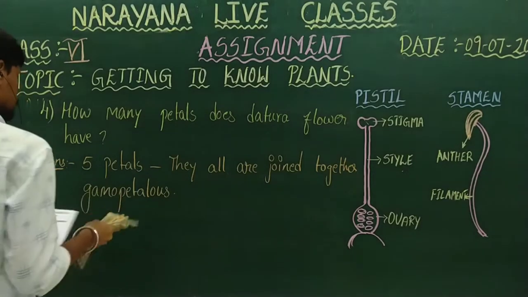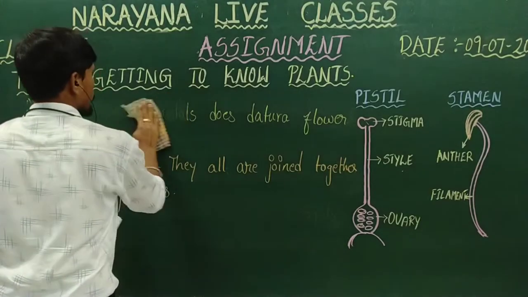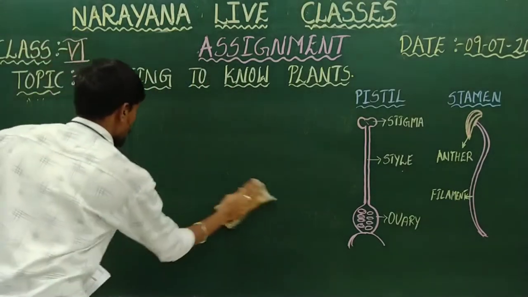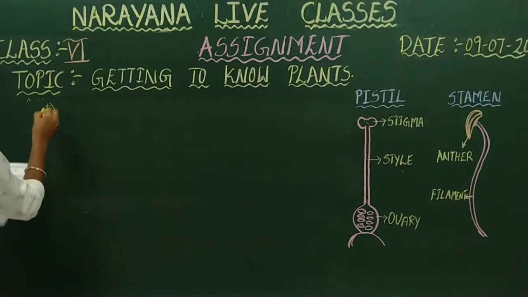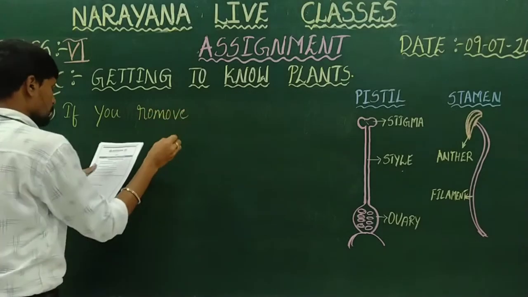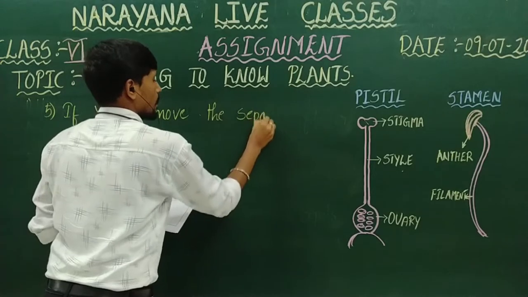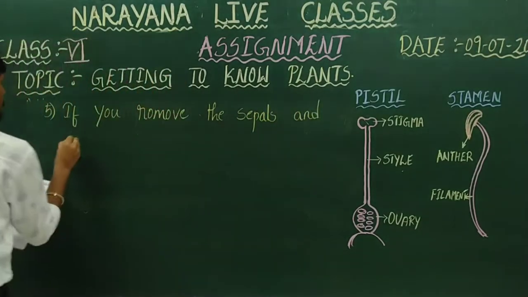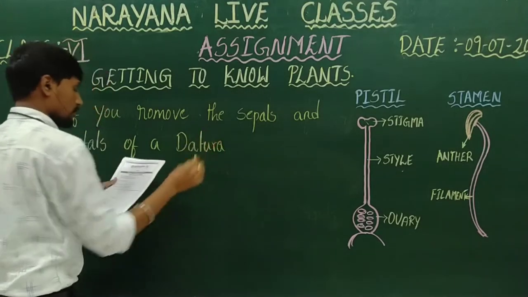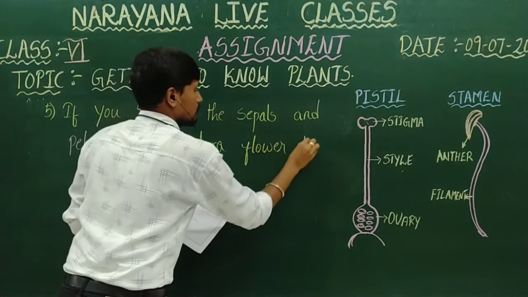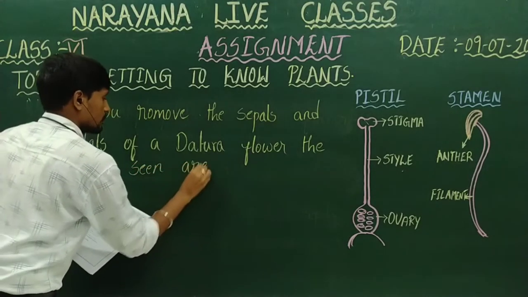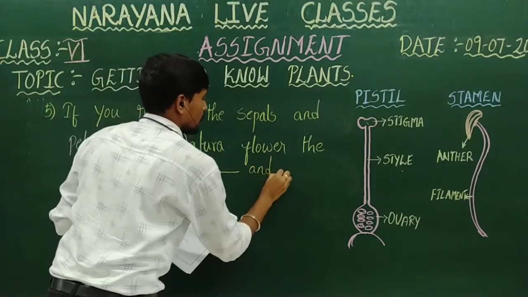And the next question, fifth one: if you remove the sepals and petals of a Datura flower, the parts seen are dash and dash.